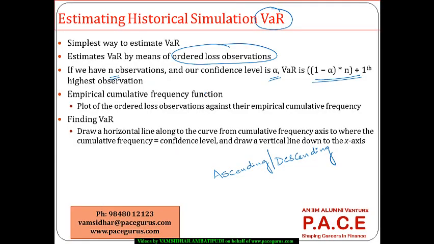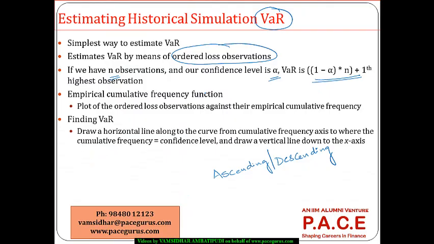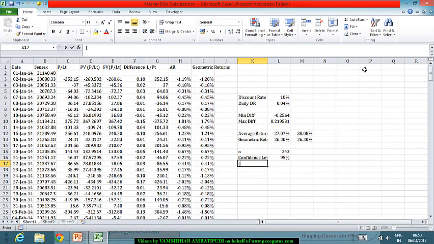Now what we are simply saying is, if the confidence level is 95%, I want to find out my 95% value at risk. So I will simply find out 1 minus alpha times n plus 1. What is that number?